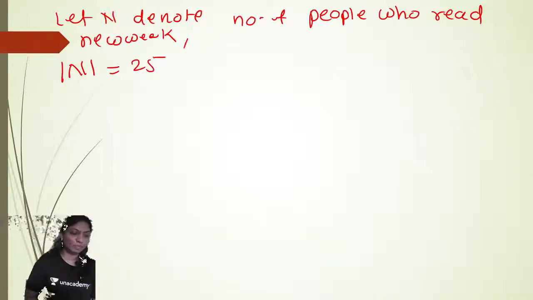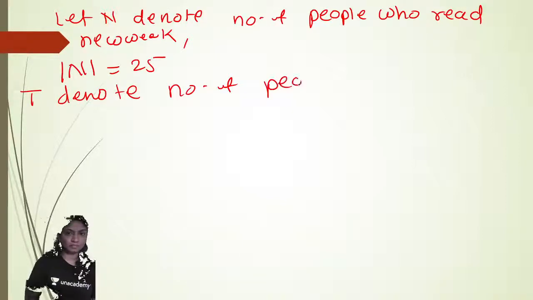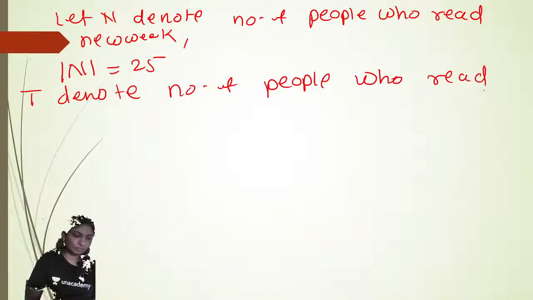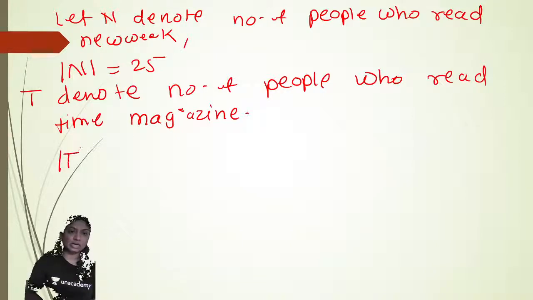There are 25 people who read Newsweek. Now let T denote the number of people who read Time magazine. So the cardinality of T is equal to 26.